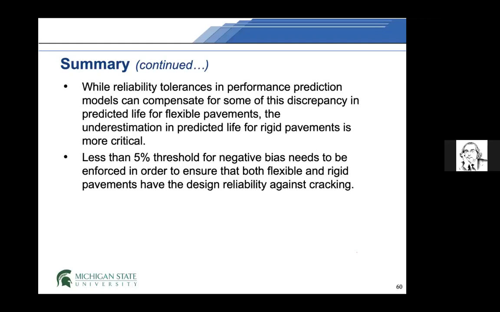But I have several papers on this. Even the reliability will not account for that high error in the WIM. So if you have WIM error, even though we apply a reliability, you will still under design your pavement. So what I recommend, we should use less than 5% threshold for a negative bias. As long as it is less than negative 5%, I think we have reasonable data for pavement design.